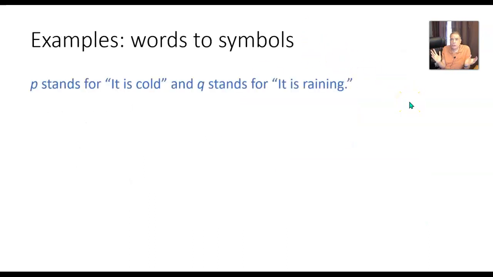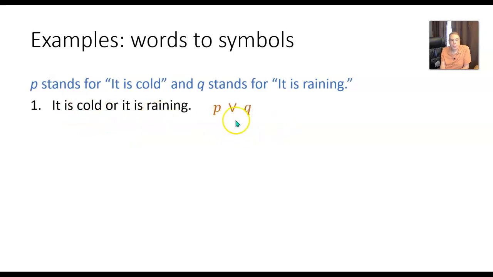So let's do some examples of translating from words into symbols. In these examples, I'm going to use P to stand for the simple statement, it is cold, and Q will stand for the simple statement, it is raining. So to write it is cold or it is raining, that's P or Q. In symbols, that looks like this, P or Q. What about it is not raining?